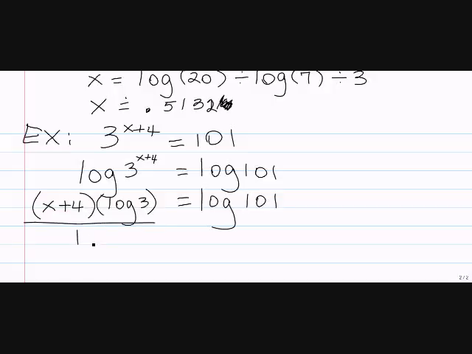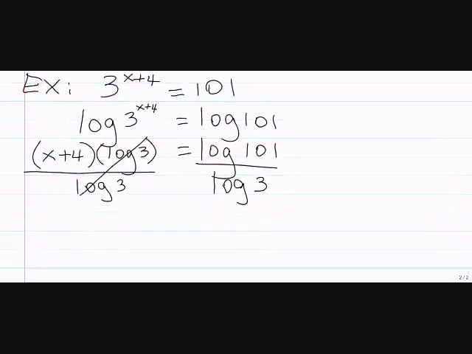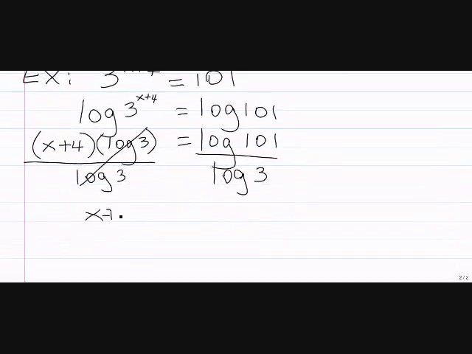Divide both sides by log base 10 of 3. Those cancel, and I get x plus 4 equals the log base 10 of 101 divided by the log base 10 of 3.